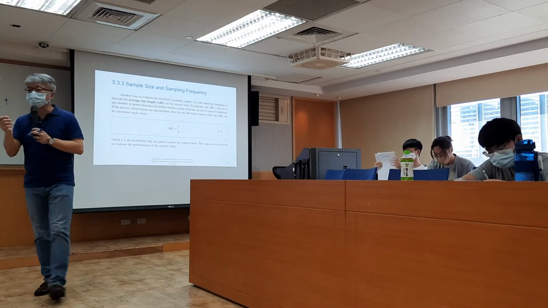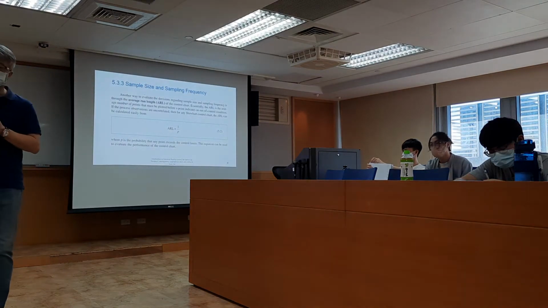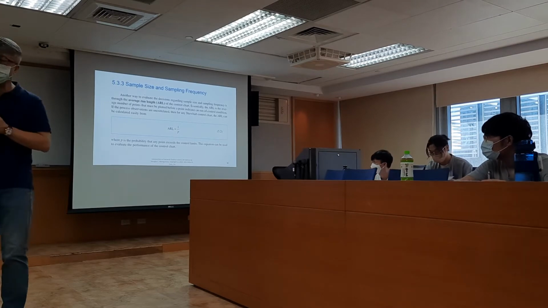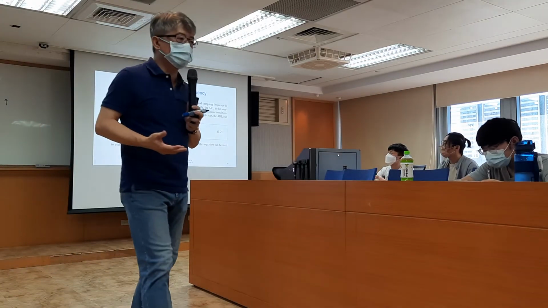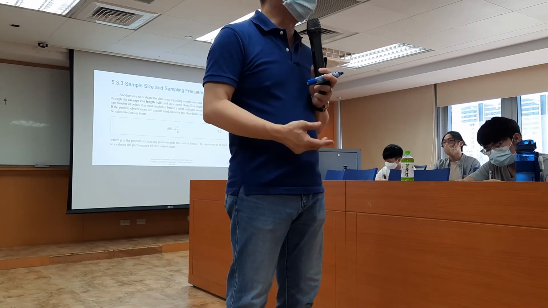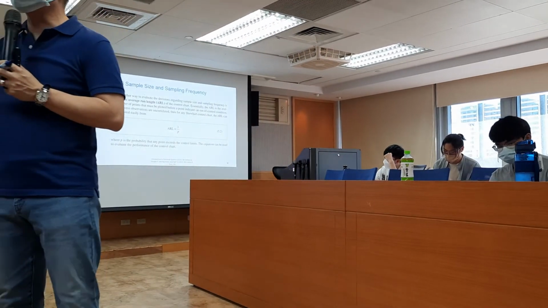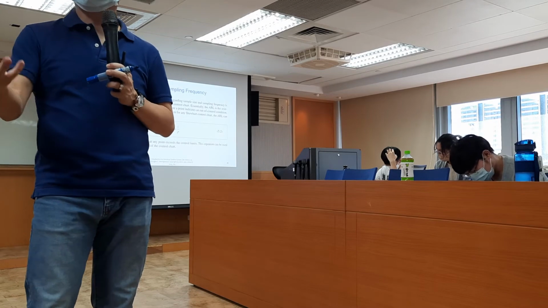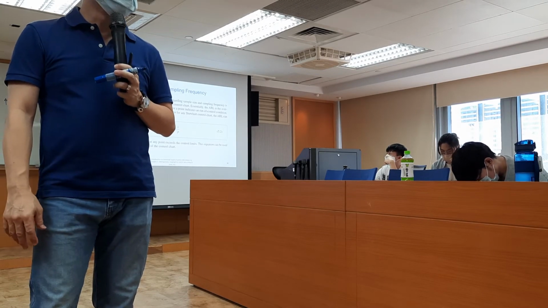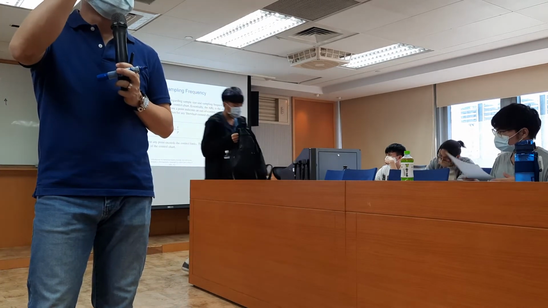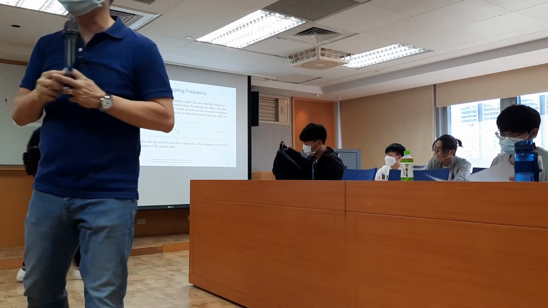Once in a while there's a point plotted outside the control limit, then there's a signal. However, the process is already in control, so we do not expect any signal to be given. If any signal has been issued, then we need to stop and check if the process is out of control. This is really annoying. So we expect no out of control signal as long as the process is in control.